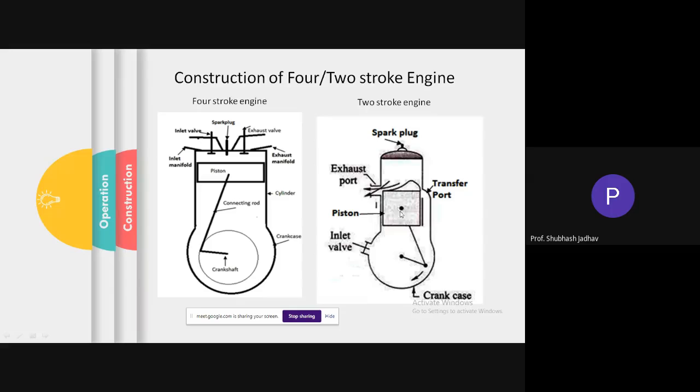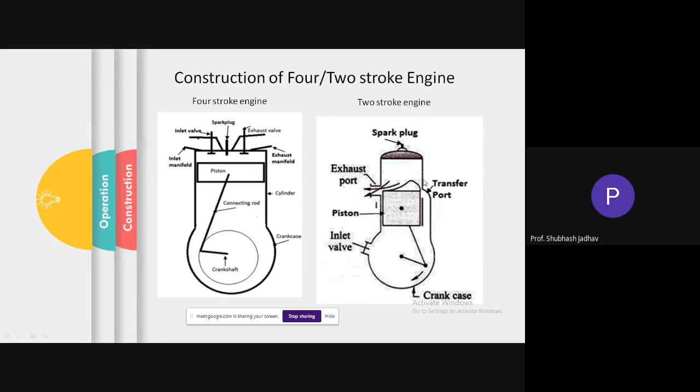Now further, as the piston moves, the pressure goes on increasing, and it will become more and more positive. So the pressure will build up inside the crankcase, and when the piston is opening the transfer port, there is a passage where it can flow. This is your transfer port, and through the transfer port, the mixture is going to flow into the combustion chamber. This is what we discussed in the previous lecture, about the piston moving down and the mixture flowing through the transfer port.